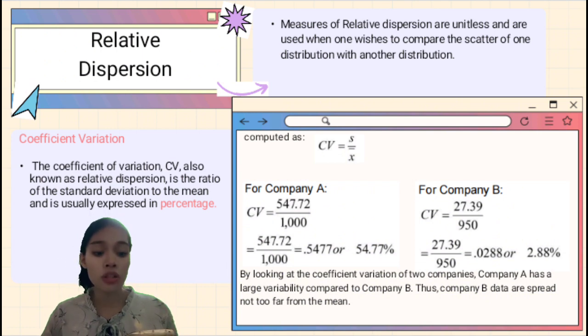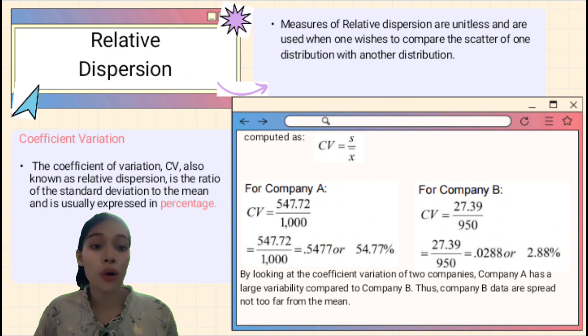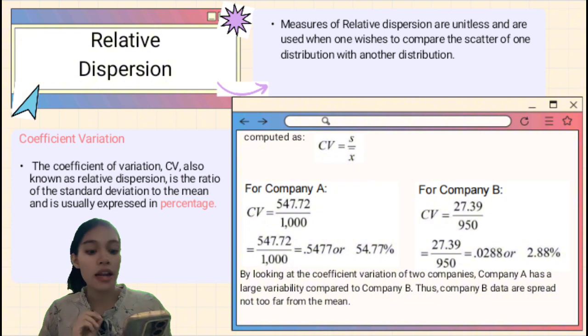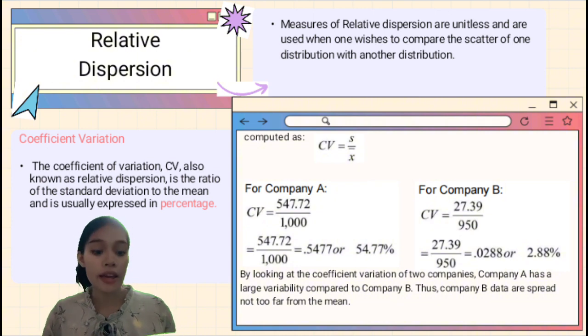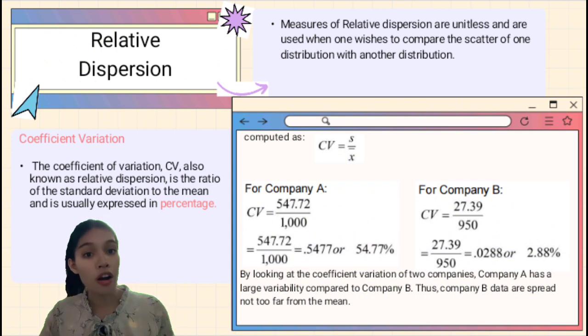So we have come to the conclusion that by looking at the coefficient of variation of the two companies, company A and company B, company A has a larger variability compared to company B. Thus, company B data are spread not too far from the mean.